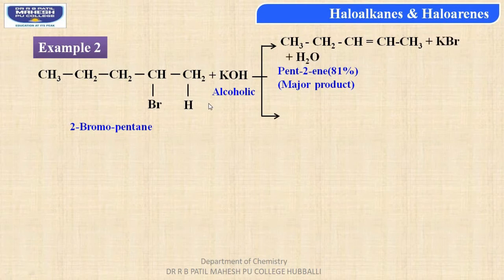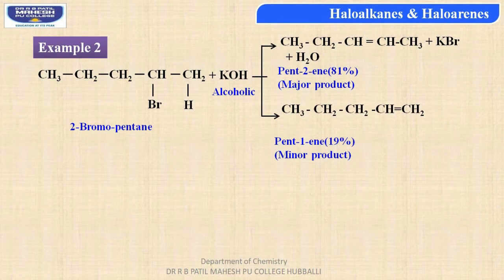Whereas the second compound, students, with the elimination of one of the hydrogens from the beta carbon atom, but this time the beta carbon atom is a methyl group. As a result, we get pent-1-ene molecule, students, which is a minor product because the yield is only 19%.